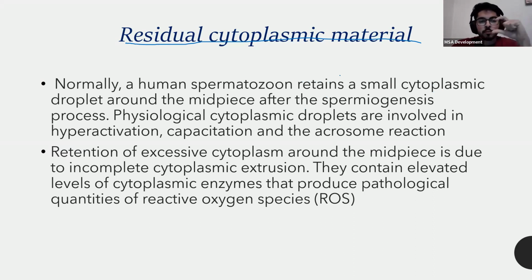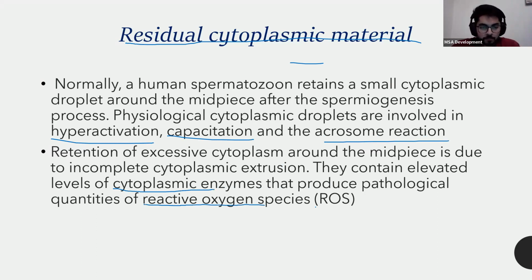Basically, there is a small amount of cytoplasm that should be there that's helpful in hyperactivation, capacitation, and acrosomal reaction. However, if you have an excess amount of cytoplasm, if not all the cytoplasm was shed off, we're going to have cytoplasmic enzymes that are going to produce reactive oxygen species. I believe from your molecular course last year, you learned a lot about reactive oxygen species.